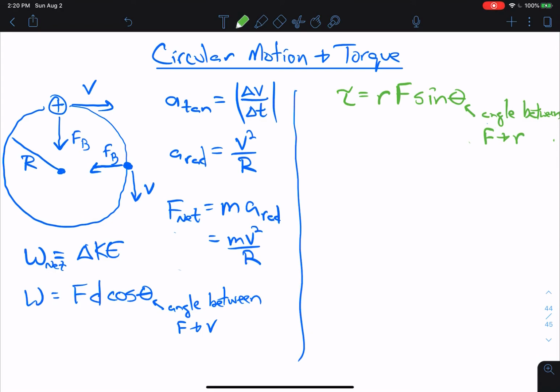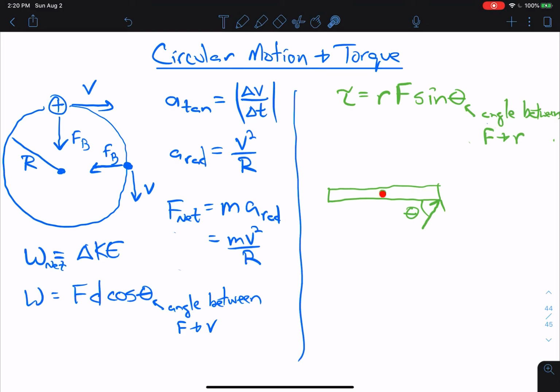So let's look at an example. Let's say I've got this bar, it's set up to rotate about that rotational axis, and I'm going to apply a force right here, and the angle between the force and the horizontal there is theta. In this situation, the lever, that's the distance from the rotational axis to where the force is being applied.